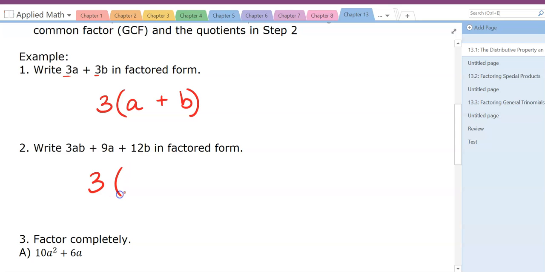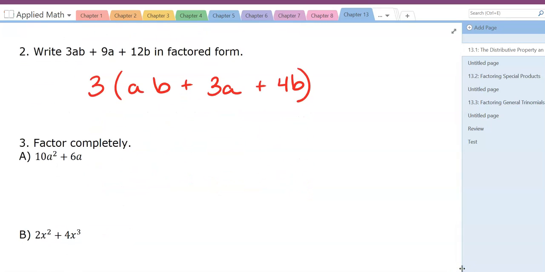If I take a 3 out, what's going to be left? (3a plus 4b). What was the first term you said? ab. So ab plus 3a plus 4b would be what's left after I take that 3 out.